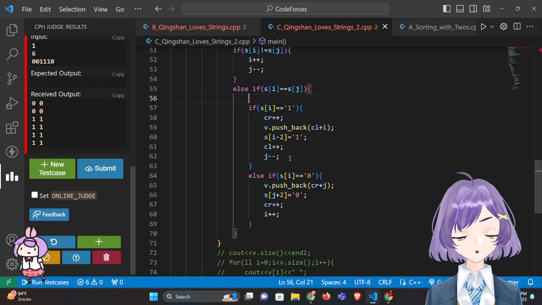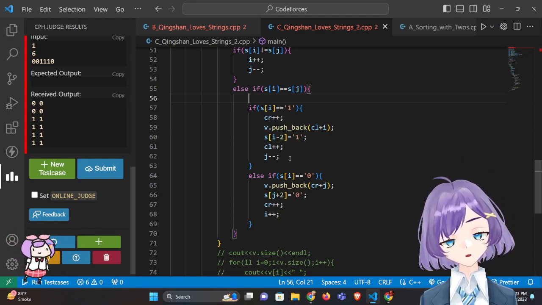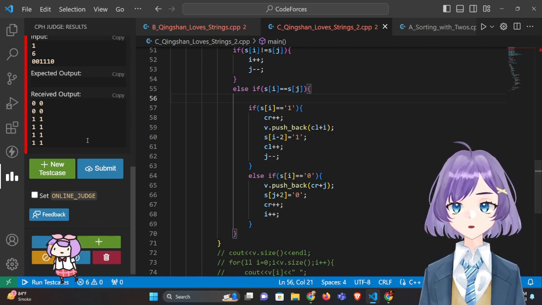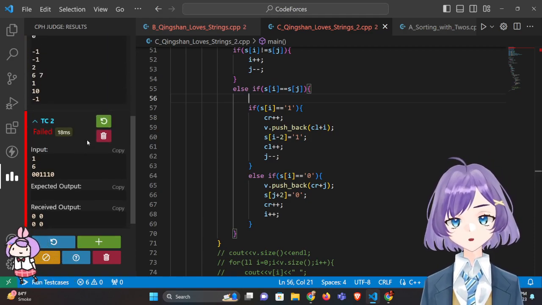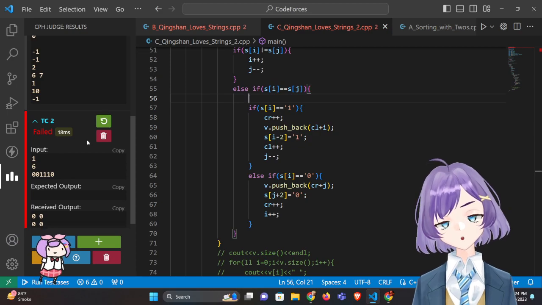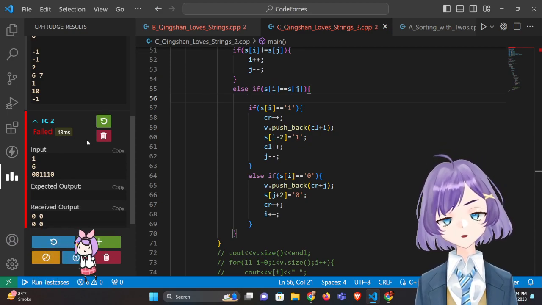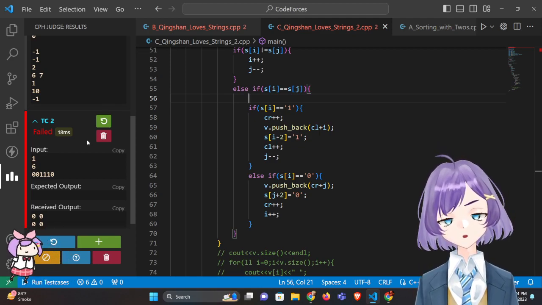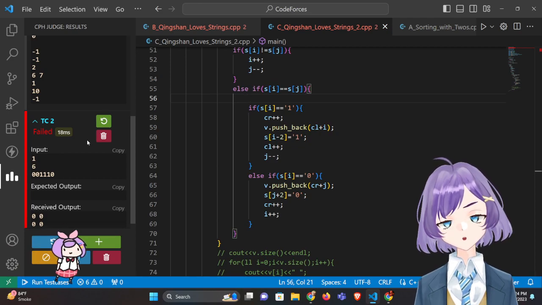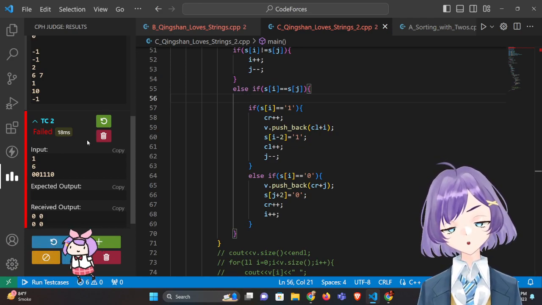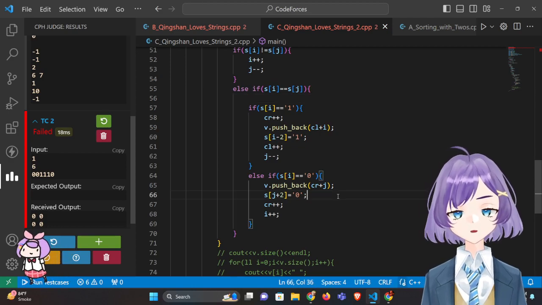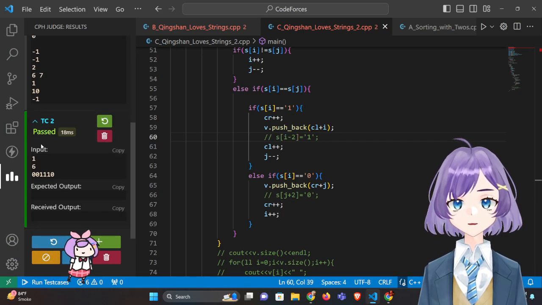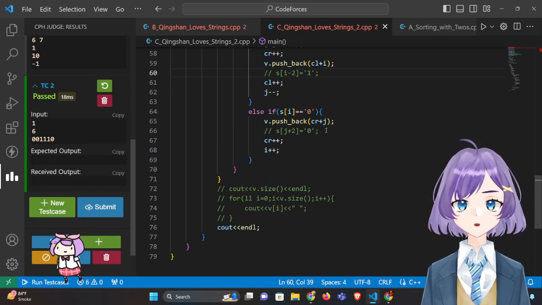0, 0, 1, 1, 1, 0. No, 0, 1, 1, 1, 0. Both the zeros are equal. S of I is equals to 0. Why did I do this?